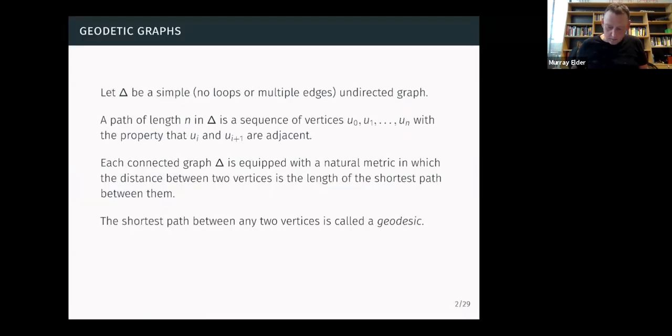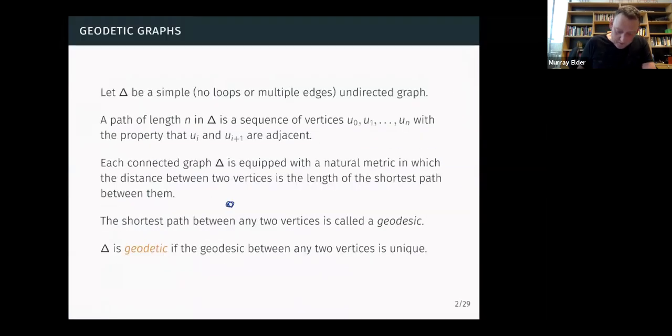And that's called a geodesic. Okay, I've been saying geodetic too often. So the shortest path between two vertices in the graph is called a geodesic. And then delta, the whole graph, is geodetic if the geodesic between any 2 points is unique.